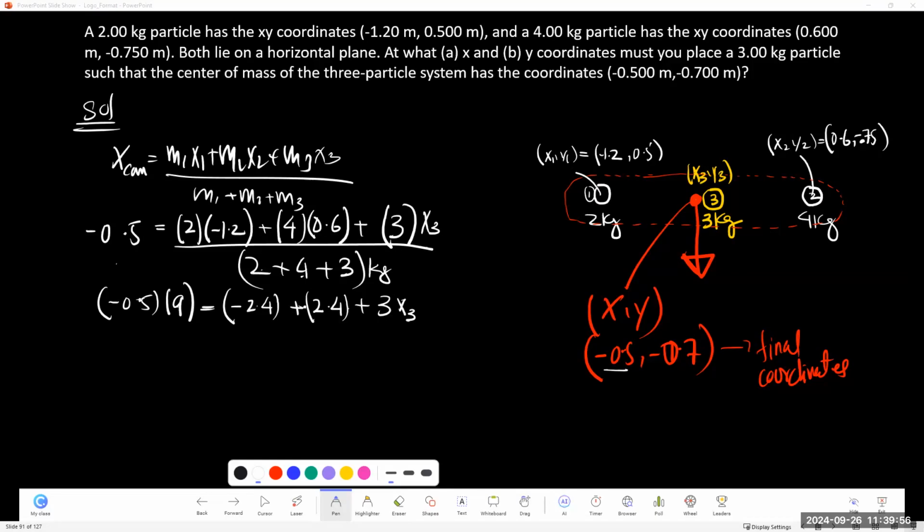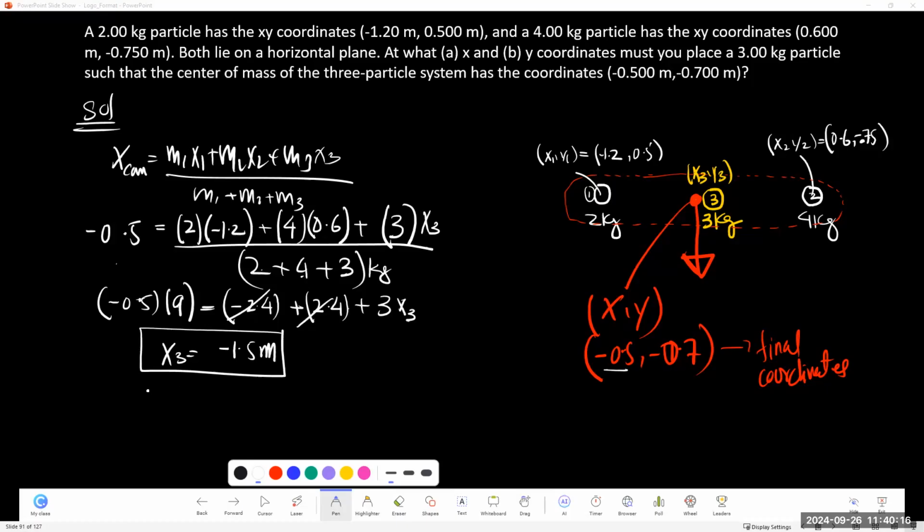I can subtract these, and my x3 comes out to be minus 1.5 meter. Since everything is given in meters, that's my answer.